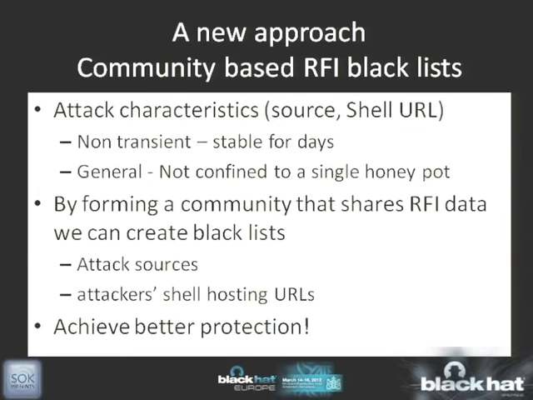And it's also general: if an attacker attacks some application, there are good chances he would be attacking other targets with the same characteristics. So by forming a community that shares RFI data, we can create a blacklist for both attack sources and attacker shell hosting URLs and achieve better protection.